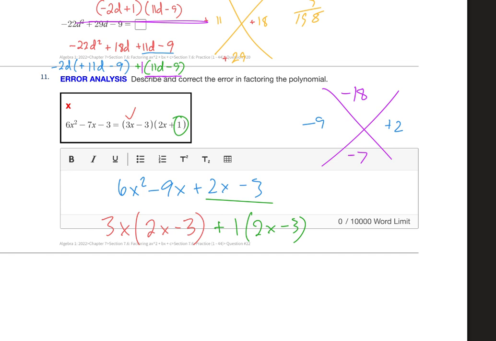So the explanation is they put a 1 here when the 1 should have gone here, 3x. And hang on, so let's clean this up a little bit. Plus 1 and minus 3 should swap. And it's because of how that would factor right there.